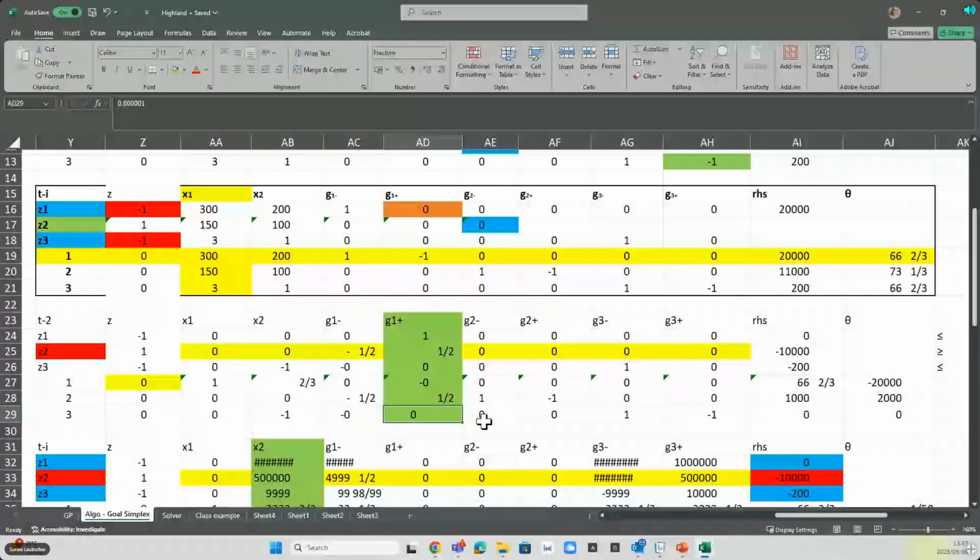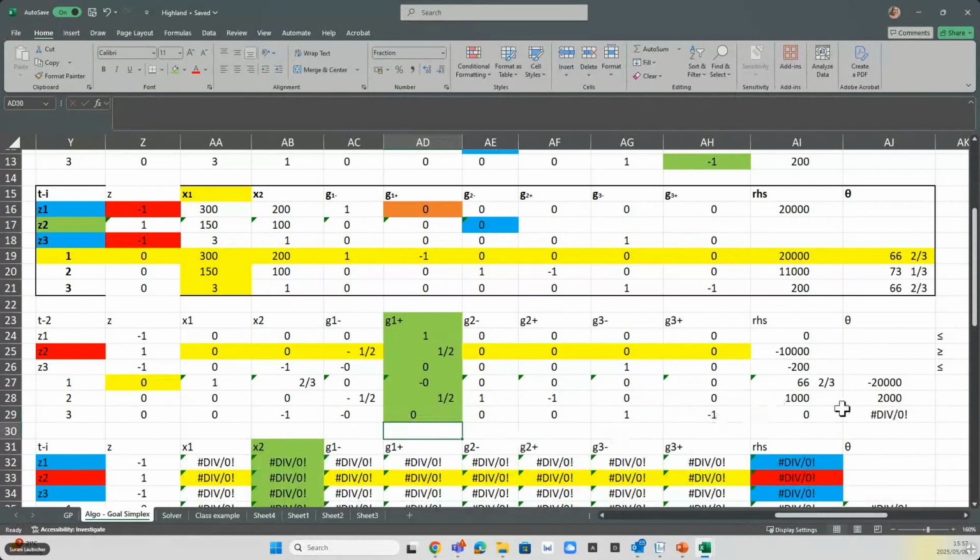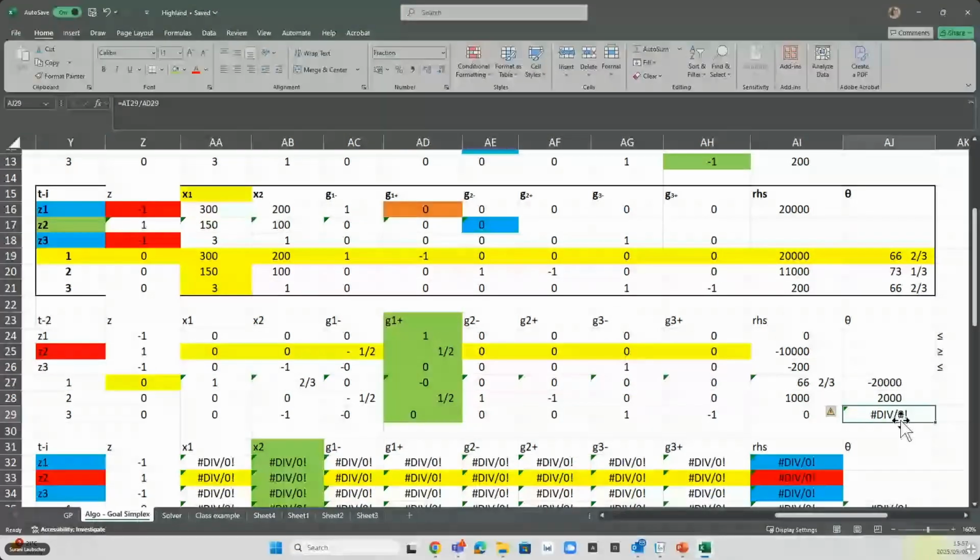Was it 0 that I typed? Because it's rounding. Be careful. How will I know it's actually 0? Okay, so I know it's actually 0 if it gives me a divide by 0 error, because you can't divide by 0, right? So if that doesn't happen, maybe that's not 0.